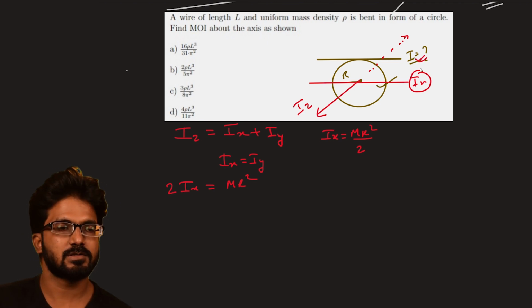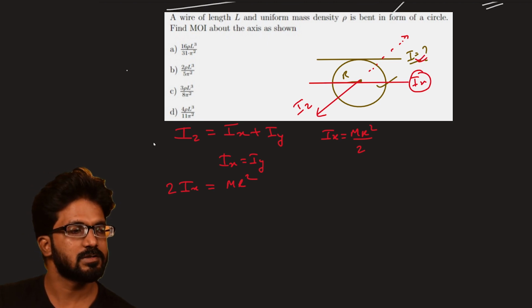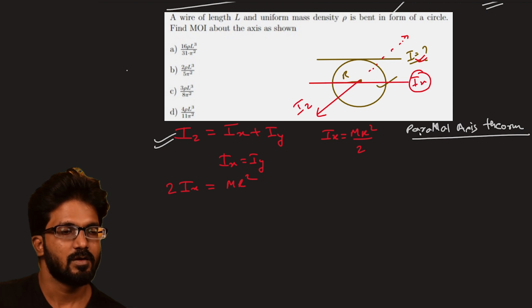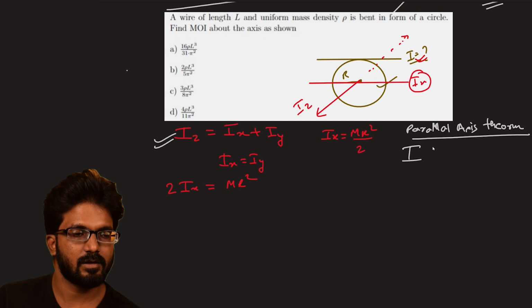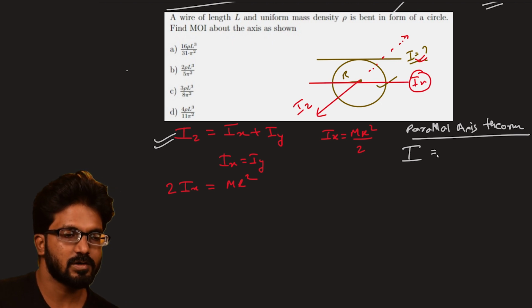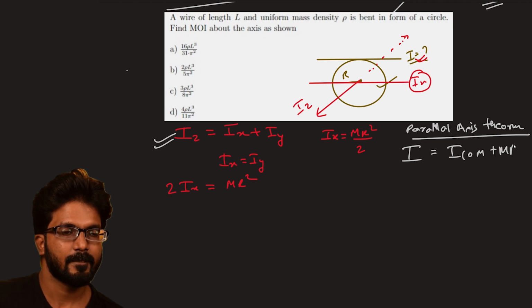So how do we apply the theorem then? This was the perpendicular axis theorem that we have applied, and now we are going to apply the parallel axis theorem, which we learned in the last class. The moment of inertia about the axis is given as the moment of inertia about the center of mass plus mr square.